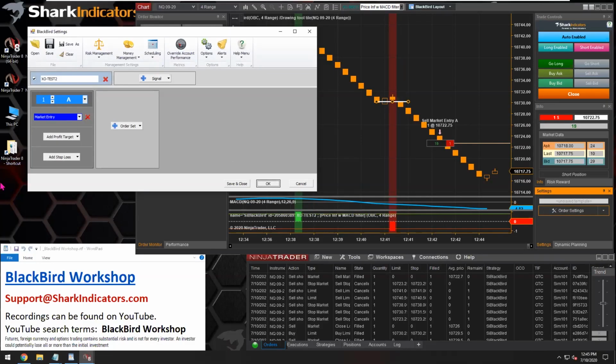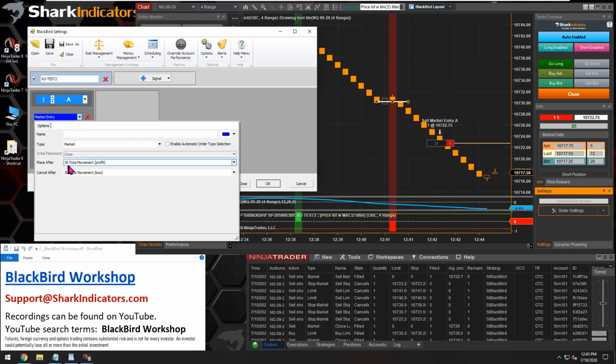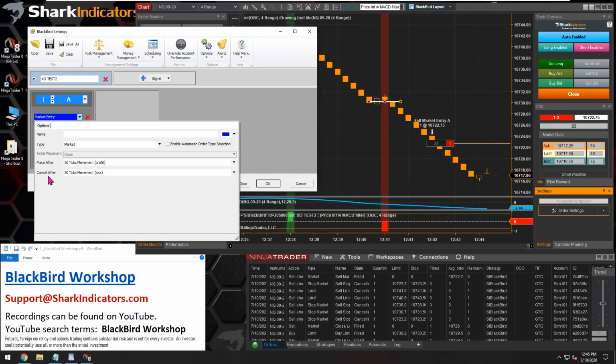So hopefully this gives you a good understanding of what the place after does, what this functionality or option does, and also what the cancel after does, right? It allows you to really mix and match your strategies. But simply put, guys, the place after is really designed for a scaling in type of situation. In Thomas's case, he's trying to use it as a hedge.